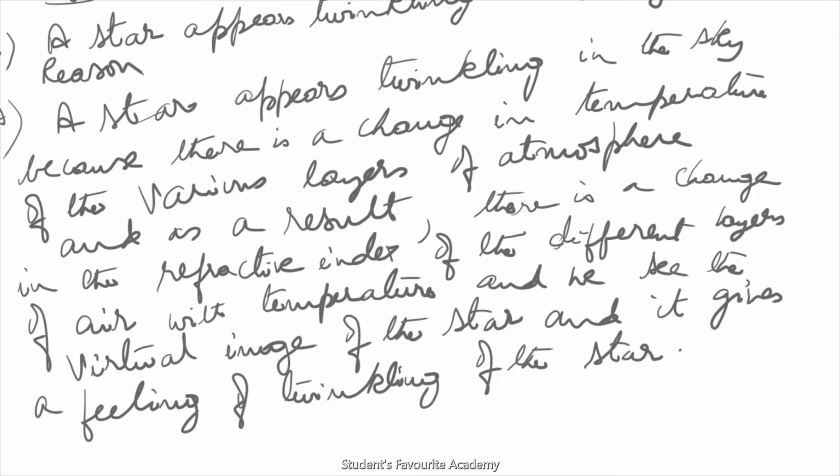Then a tank appears shallow when viewed from the top, and a person's legs appear to be short when standing in a tank containing water. Okay, so all these are consequences of the phenomenon of refraction of light.